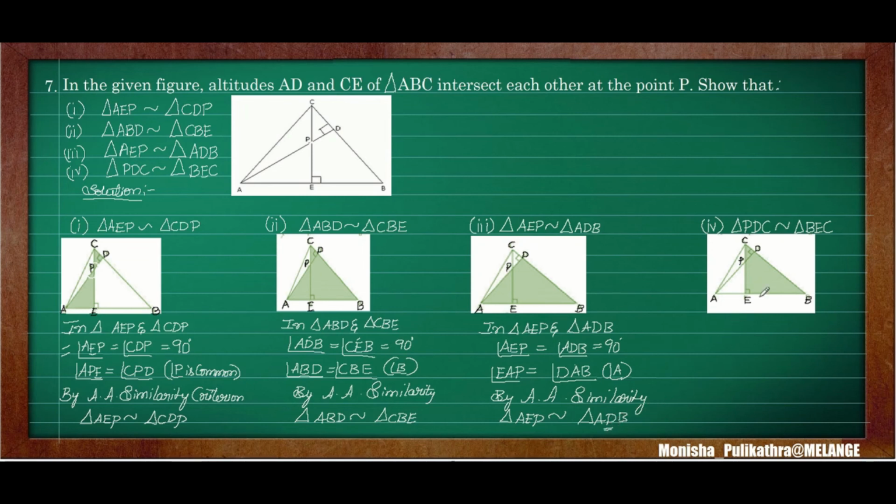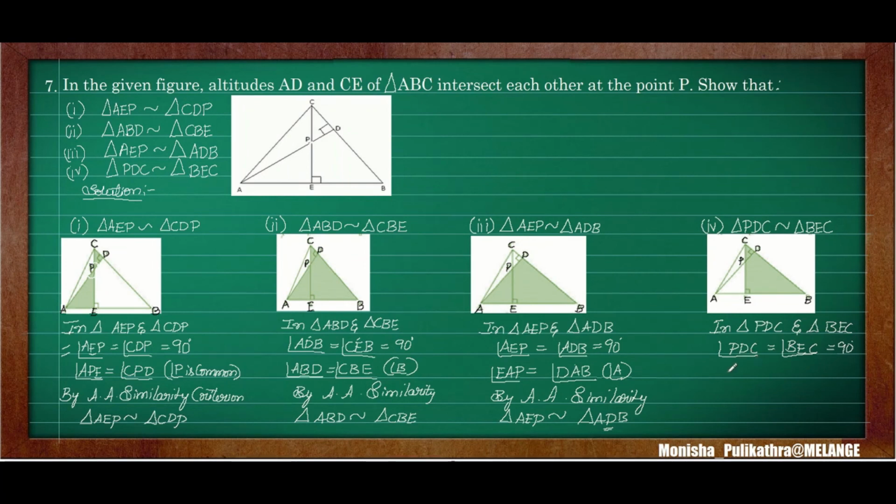Moving on to the last one, the fourth one, in triangle PDC and BEC. In the smaller triangle PDC, D is 90, and in BEC, E is 90. Therefore, angle PDC and angle BEC are equal to 90. The next one is the common angle.